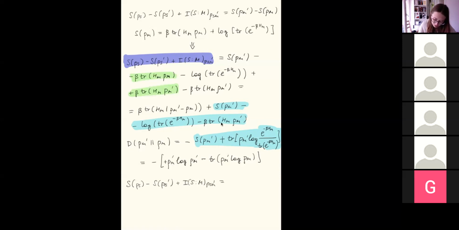And here we regrouped the right-hand side in the following two terms. The first term is the change of energy of the machine. And the second term is minus relative entropy.